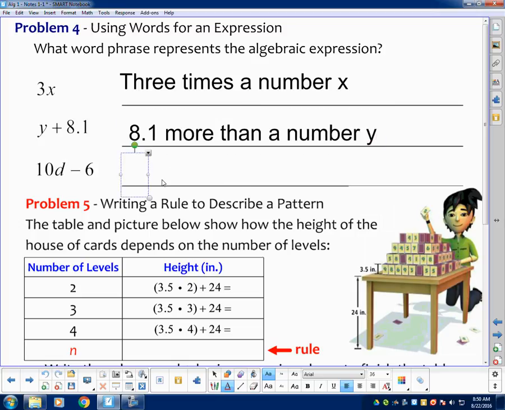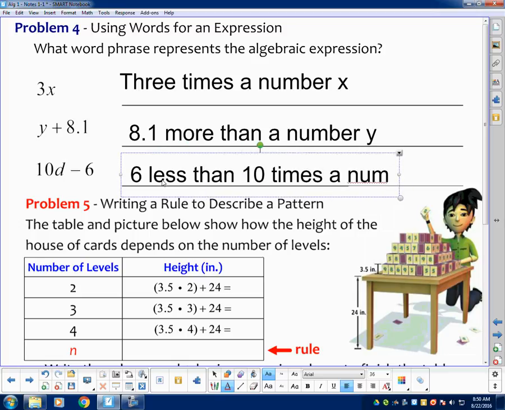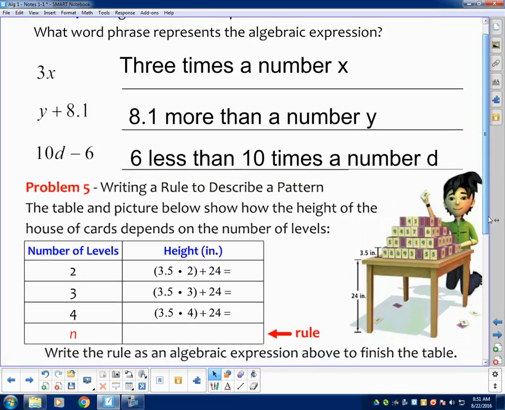I would say it's 6 less than the product of 10 and d, or 6 less than 10 times the number d. Either one would be correct. 6 less than 10 times a number d. So that's going the other direction. We give you the algebraic expression, you express what it says in words.